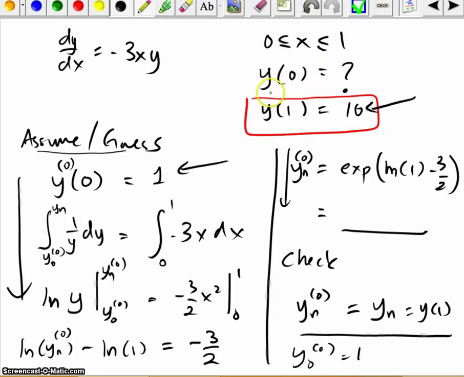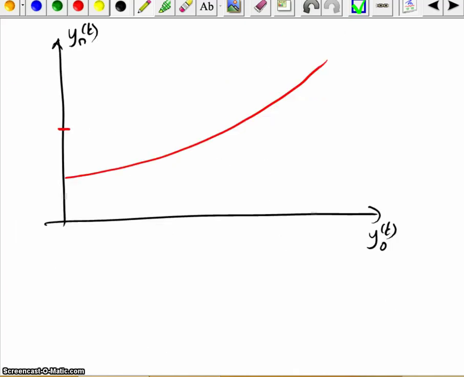Okay, this 10 here is given by the problem. So let's say my 10 is here. If I extend this line, this dashed line is what we call my yn equals 10, which means the intersection between this line and this red curve here, if I extend this down to the y0 axis, this would be my initial value.